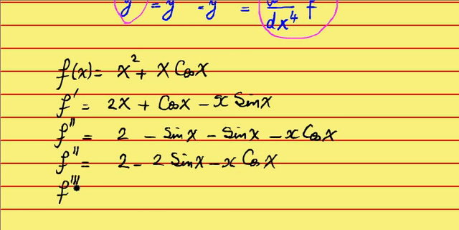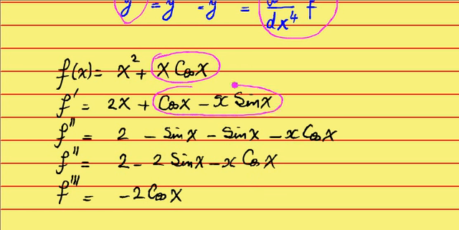If I have to differentiate a third round, derivative of 2 will be 0. Derivative of minus 2 sine of x is going to be minus 2 cosine of x. And here is an issue that comes up repeatedly in these problems. If you have done something such as differentiating x cosine of x, keep an eye on that, and if it shows up again, just use what you have already developed as opposed to reinventing the whole thing.